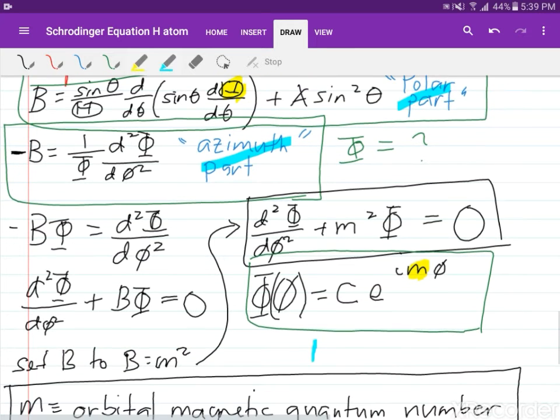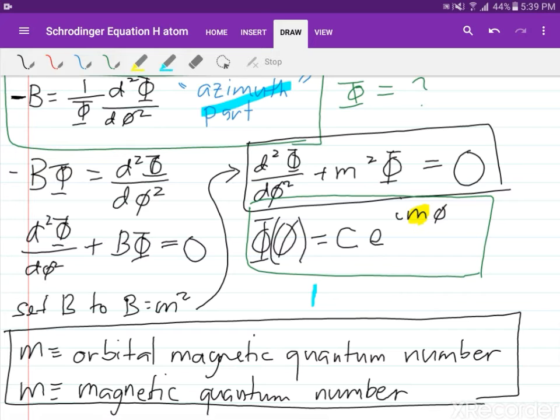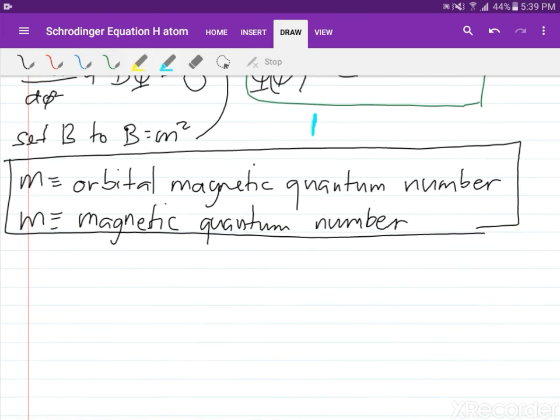Okay, so from our azimuth part solution, we have set that B equals m squared, or the square of the magnetic quantum number.